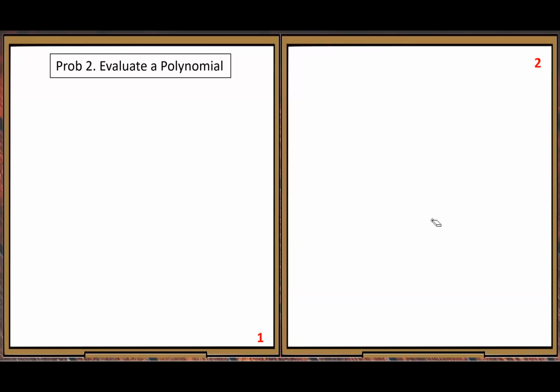Our problem number 2 for this class: evaluate a polynomial. Given a polynomial, you know the polynomial, the definition. That's the general expression for this polynomial. We have coefficients, n0, n1, that we call the coefficients. The variable x, single variable x.